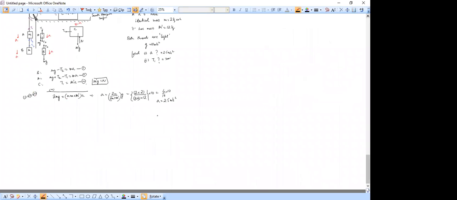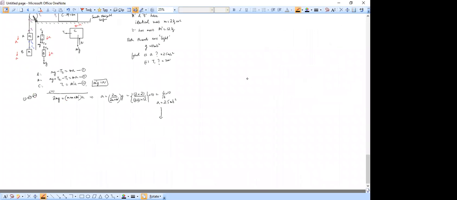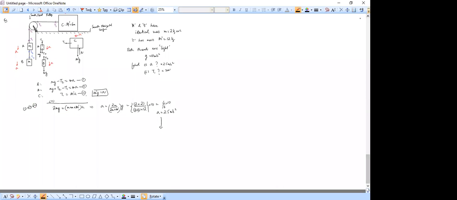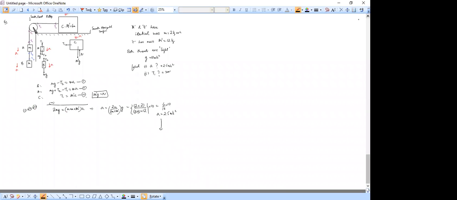And once you got this acceleration, now substitute this in equation number 3. So you'll get that tension T1. So m prime is 12 kg. So you get the tension T1 as 30 newtons.